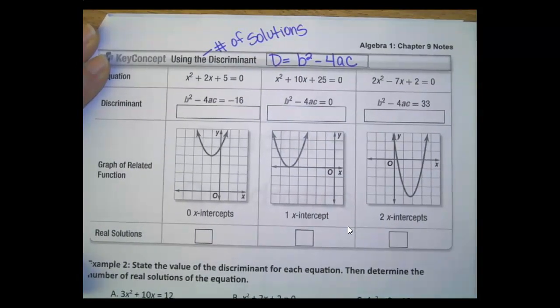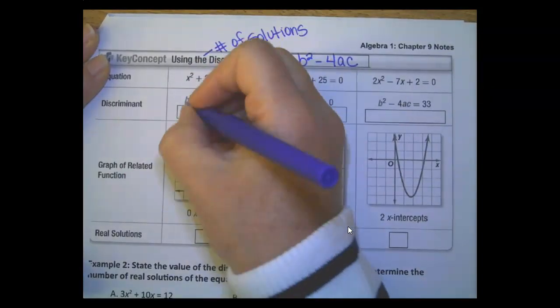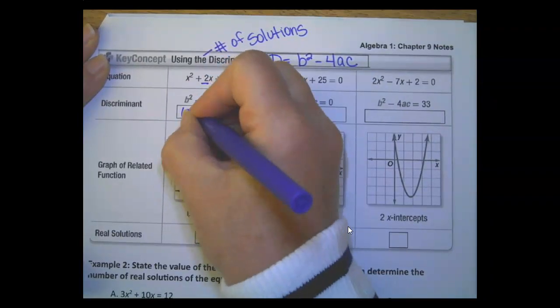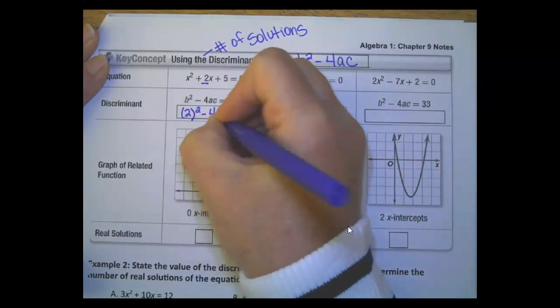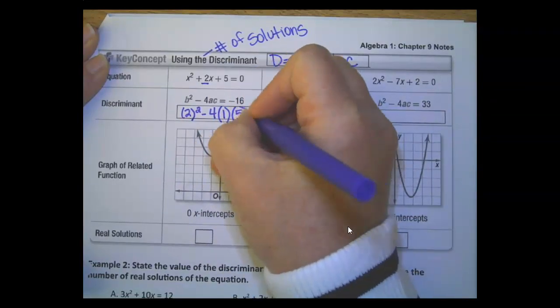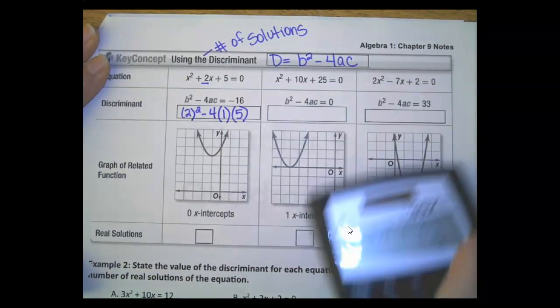So first of all, let's go ahead and substitute our values in here. So b squared, my b is here: 2 squared minus 4 times my a, which is 1, times my c, which is 5. Let's go ahead and punch that into our calculator.